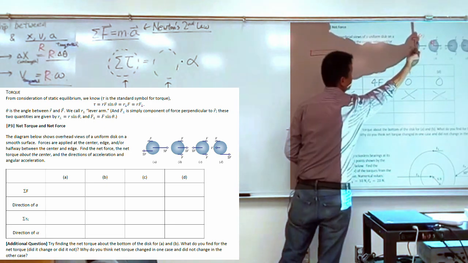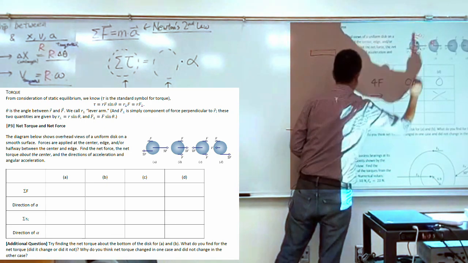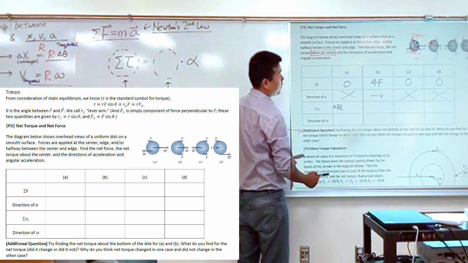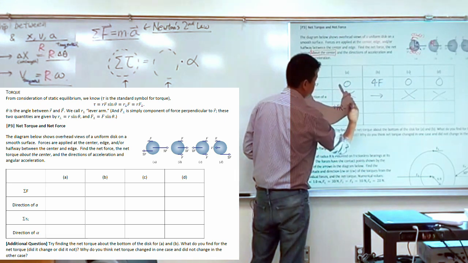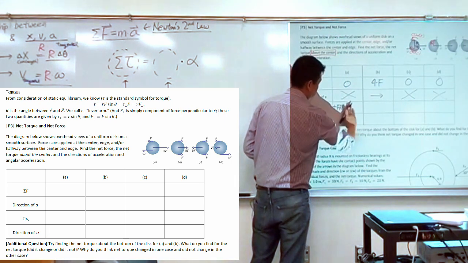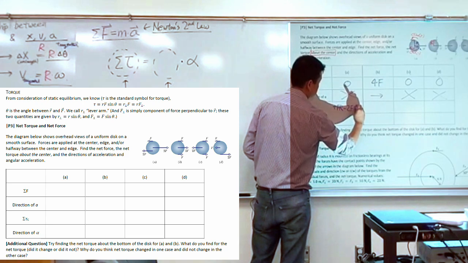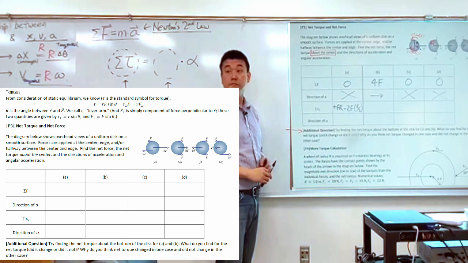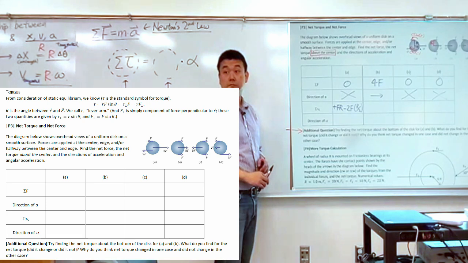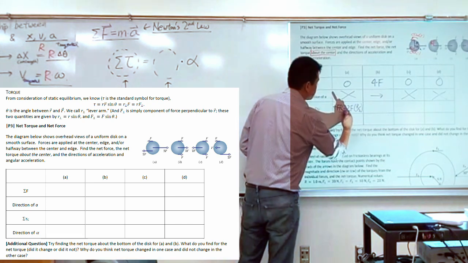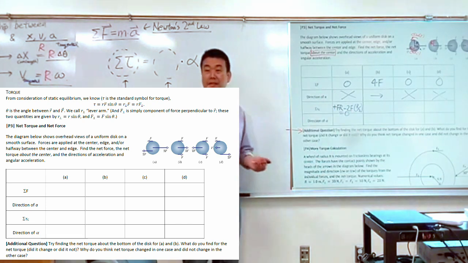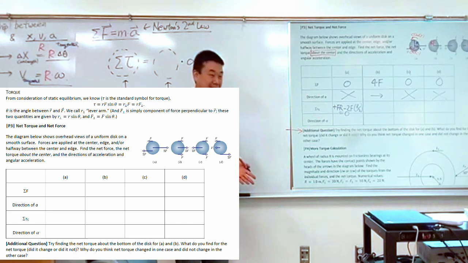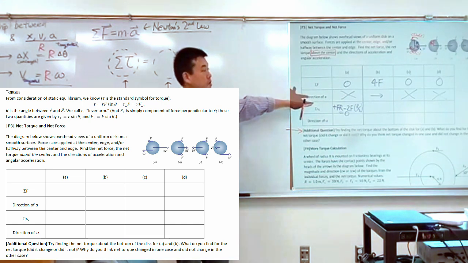The second force is at a distance of r over 2, so it'll be minus 2F times r over 2, which is minus Fr. Yes, so it adds up to 0. A lot of them are zeros, but not all of them are zeros. Good? So that's the procedure you're going through.